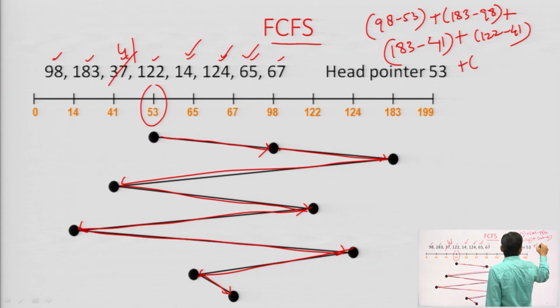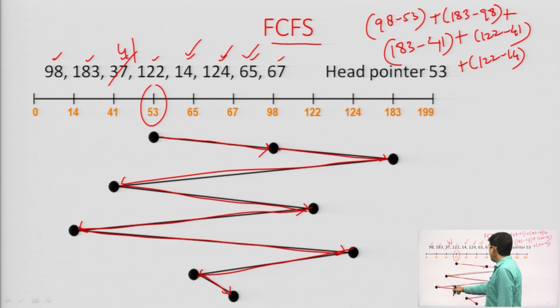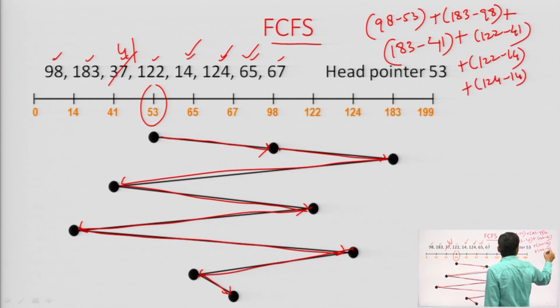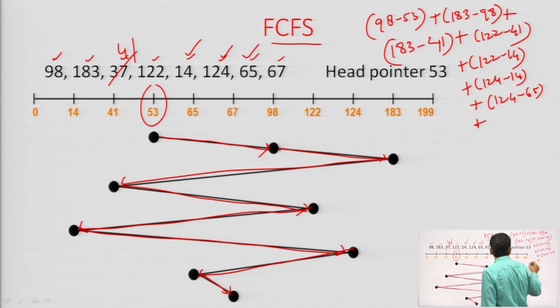So this will be 122 minus 14, and then you have to move from 14 to 124. So this will be 124 minus 14, and then you have to move from 124 to 65. So 124 minus 65, and then you have to move finally from 65 to 67.